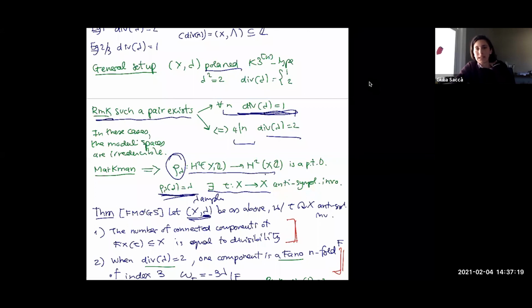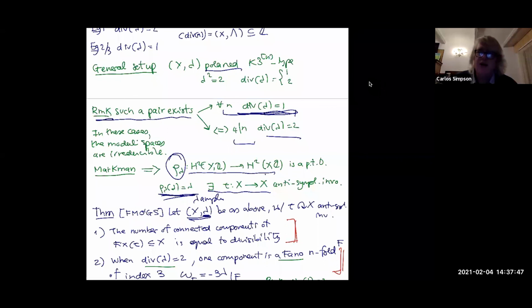I'm just saying that at the end of the day, you do need to study these fixed loci in some way, and how do you get your hands on them? We get our hands on them by looking at moduli spaces of objects on K3 surfaces, and there's a whole Macrì machinery there that allows you to study these things.